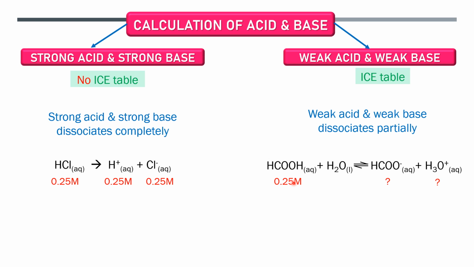Yang kita tahu dia akan less daripada 0.25 molar sebab dia dissociate partially, terpisah secara separa. Tapi banyak mana yang terhasil kita tak tahu. So untuk mengetahui banyak mana ion ni yang terhasil, itulah perlunya kita buat ice table.